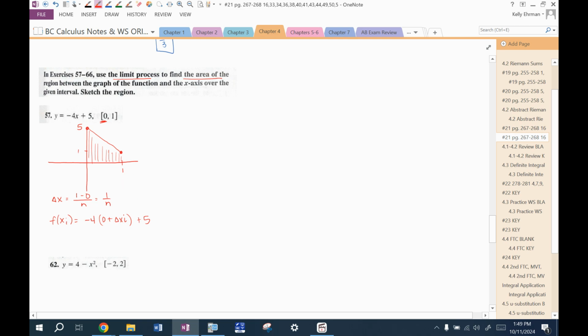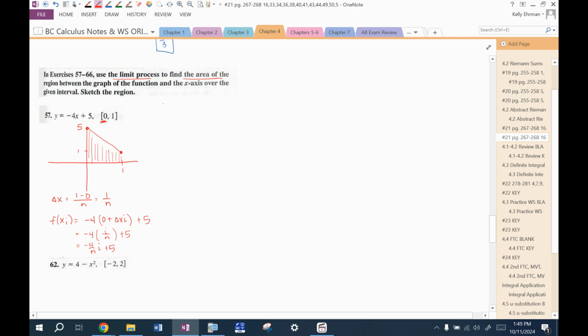So that just means, okay, I don't know, start at the 3rd rectangle or the 4th or the 17th or whatever. And then replace delta x with your value for it. So -4 times, this 0 is unnecessary, 1 over n times i becomes i over n, plus 5. And I might write that as -4 over n times i plus 5.